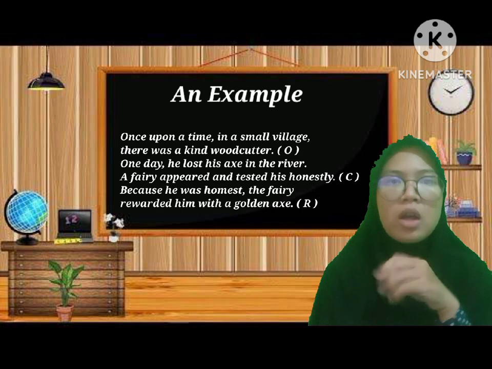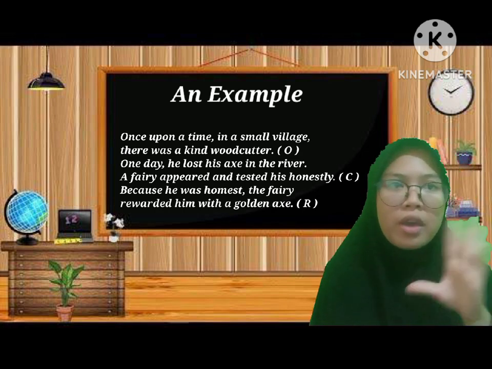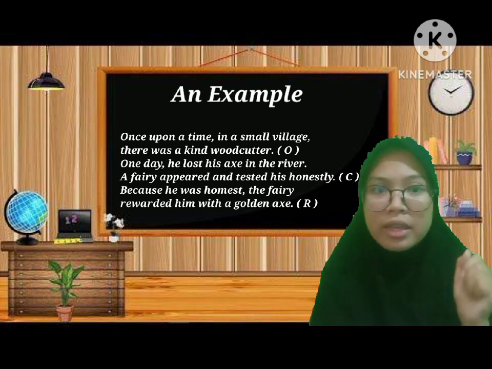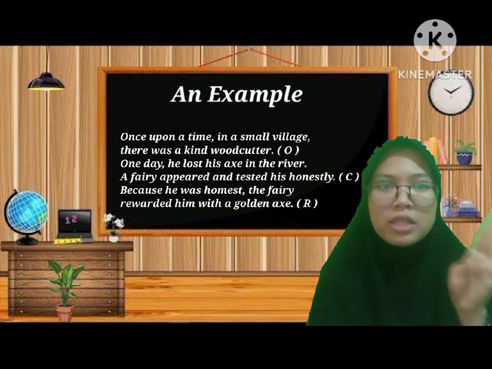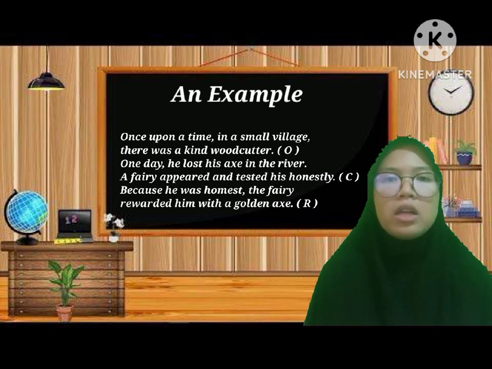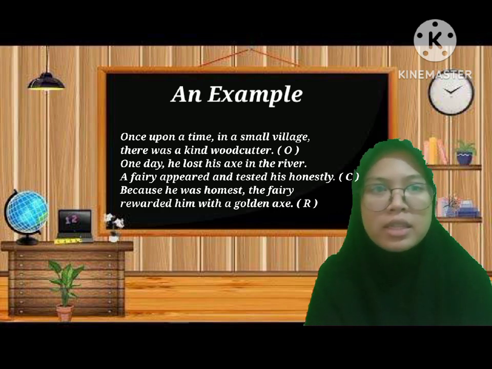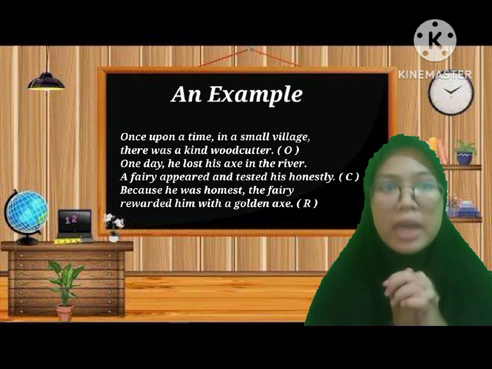For example, one day he lost his axe in a river. A fairy appeared and tested his honesty. The third structure is resolution. For example, because he was honest, the fairy rewarded him with a golden axe.